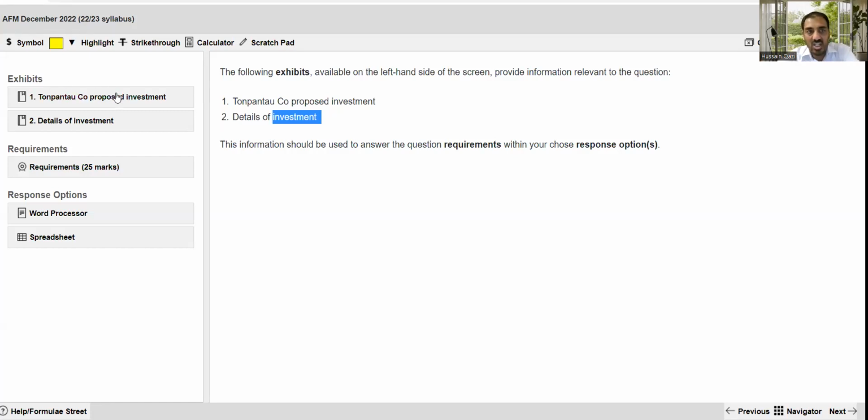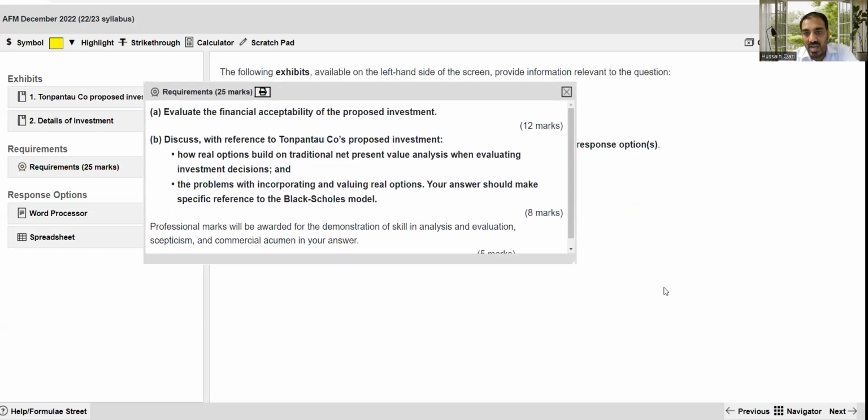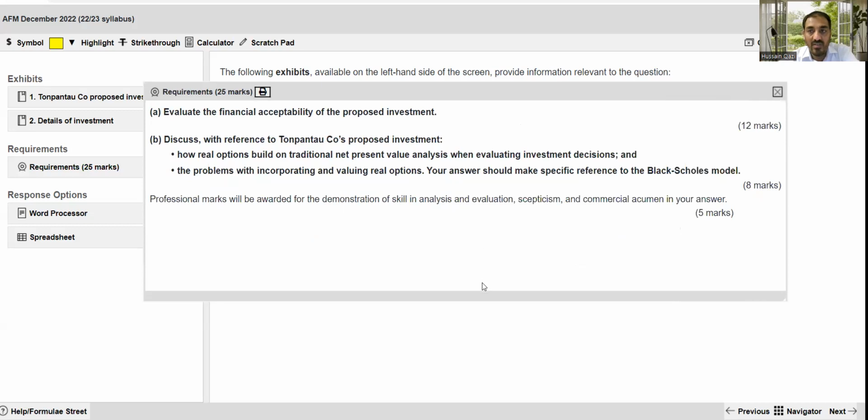Now, one by one. I strongly suggest to all students that you always start reading the question from the requirement. First of all, you have to read the requirement. Number one, evaluate the financial acceptability of the proposed investment, 12 marks.